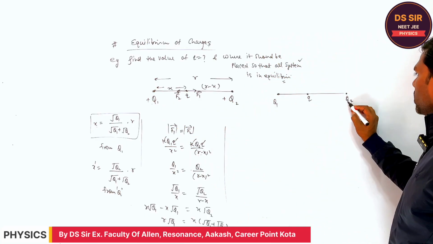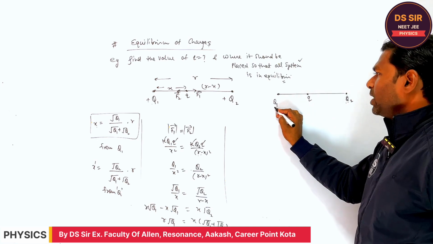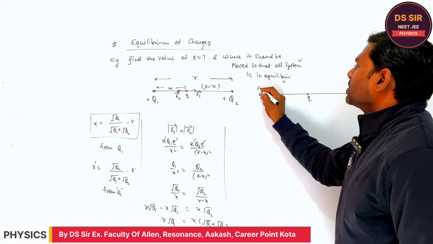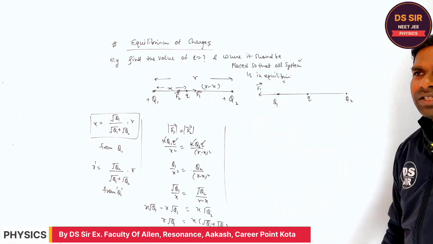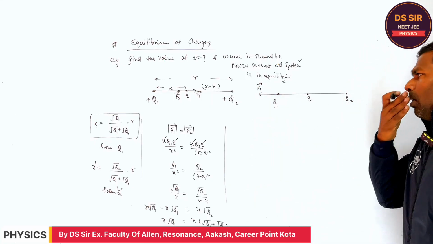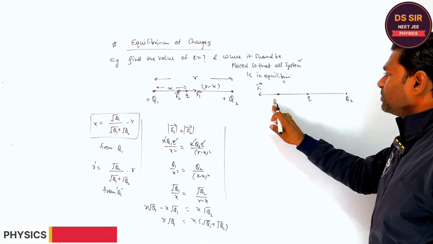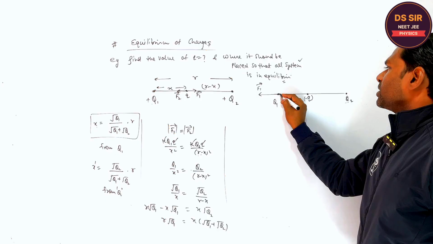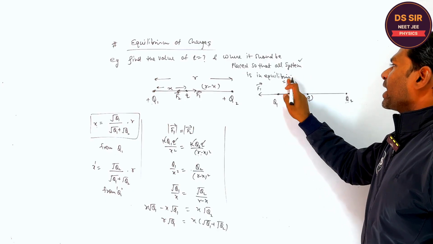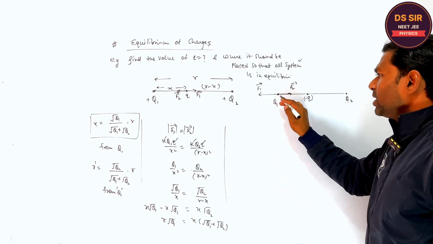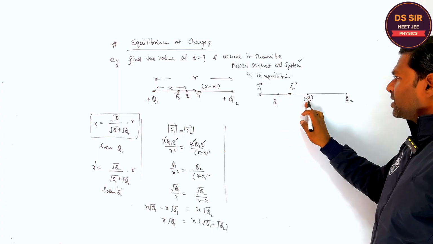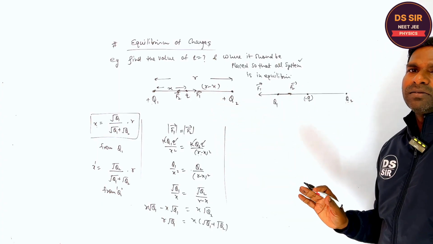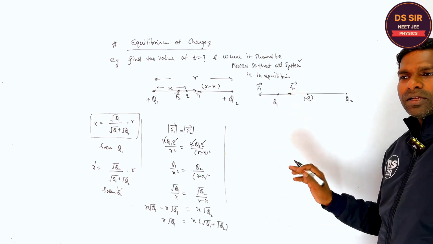So if you consider this plus Q2 and Q1, the force F1 vector will be exerted in this direction. Is it clear or not? For equilibrium of Q1, this charge must be negative so that the force F2 vector acts in this direction. Only it is possible when it is negative, otherwise both forces will be in the same direction, and it is not in equilibrium.